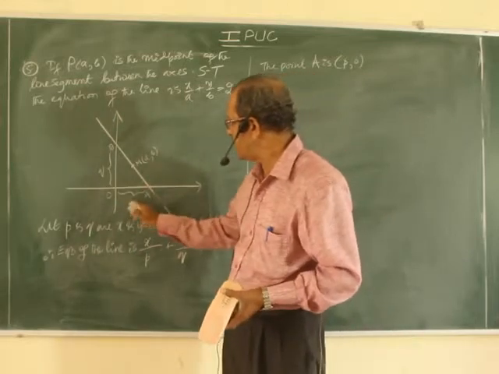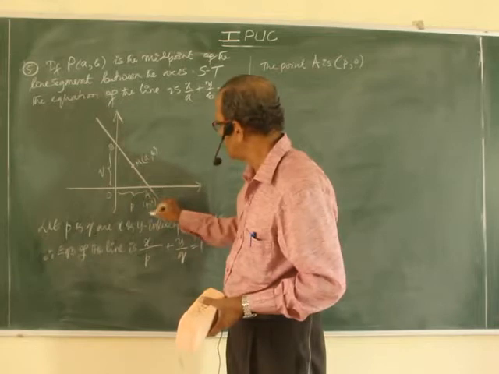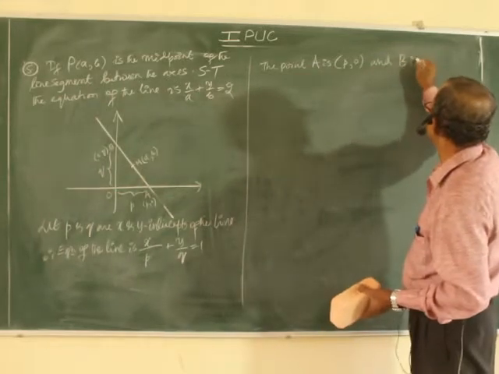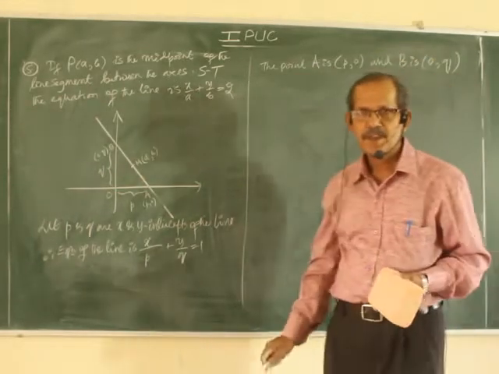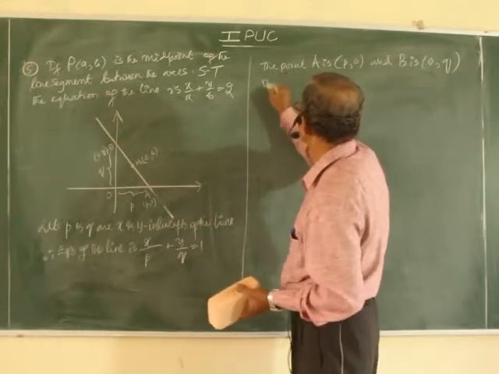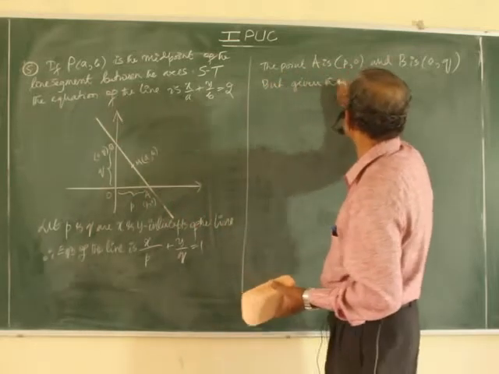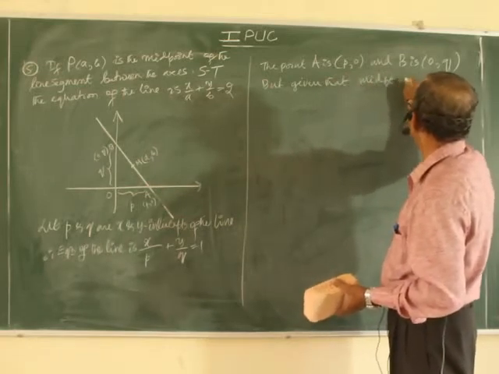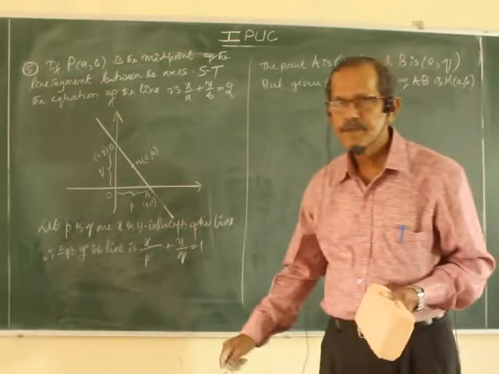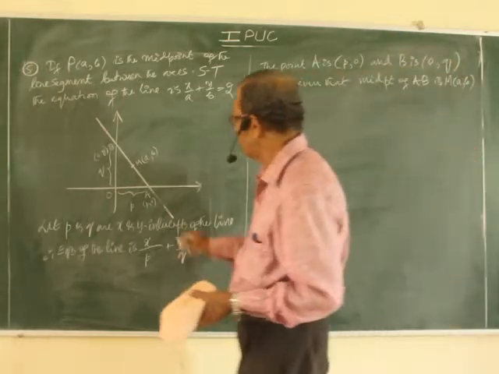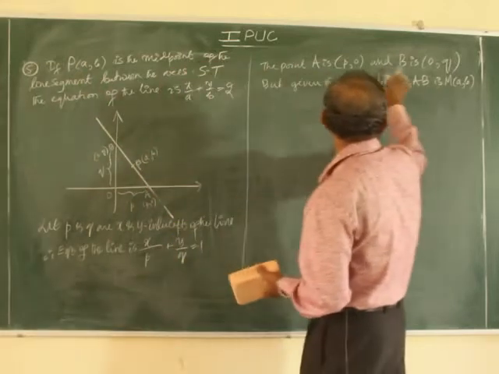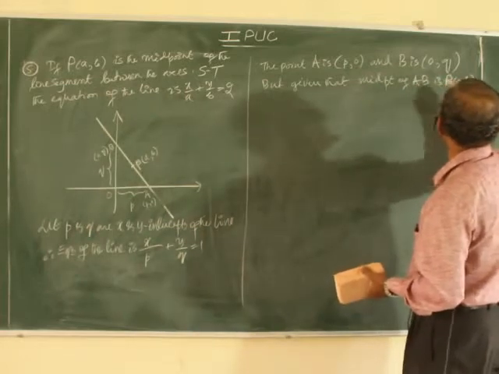If the x-intercept is P, what about the point B? 0, Q. And B is 0, Q. But it is given that the midpoint of AB is P(a, b).